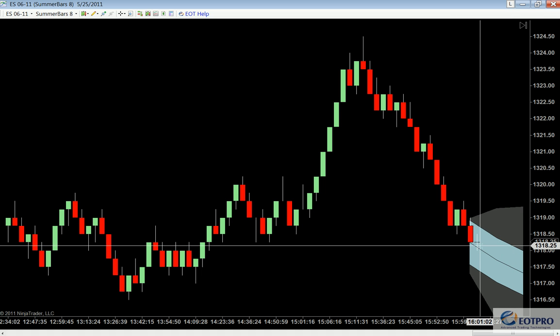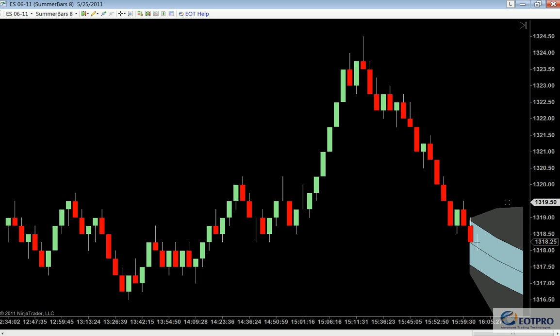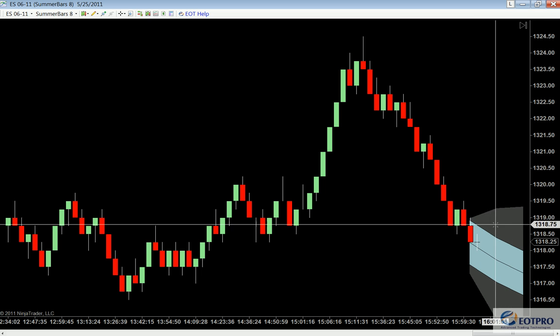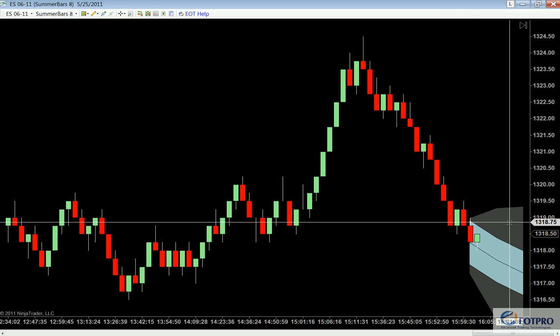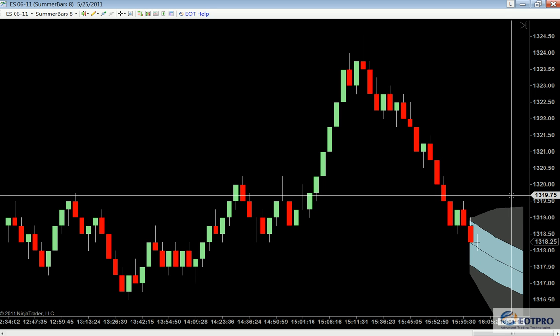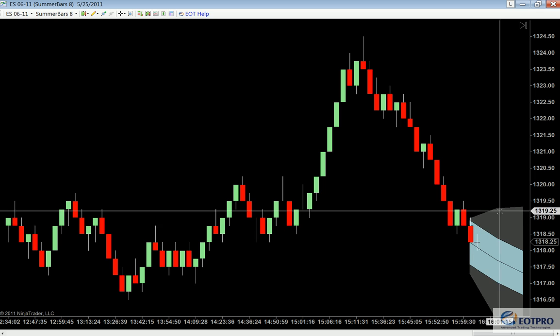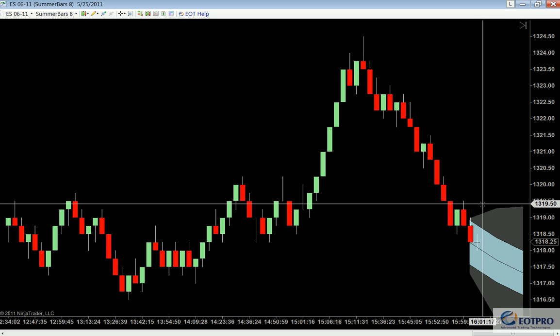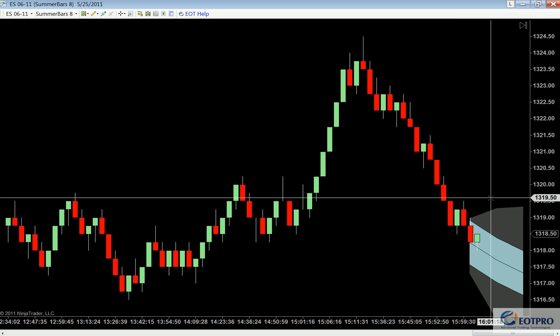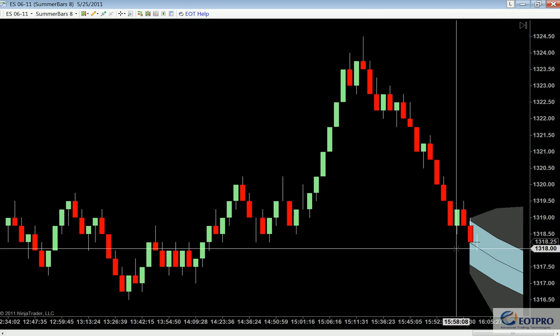When you get into a trade, if you put your stop somewhere outside these dark gray bands, that would be a wonderful place for a stop, because there's a 99% chance price will stay within these bands, so a 99% chance your stop won't be hit. It does a pretty good job.